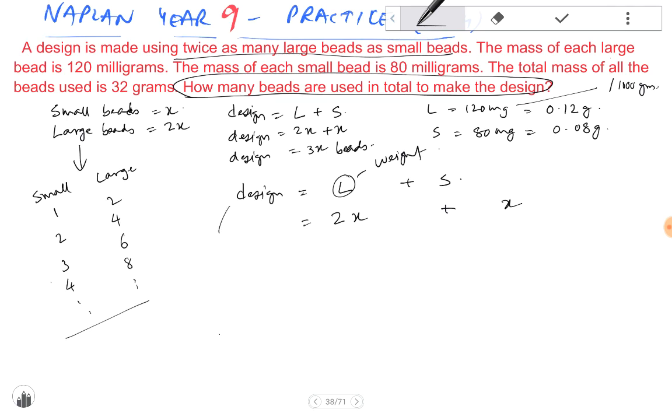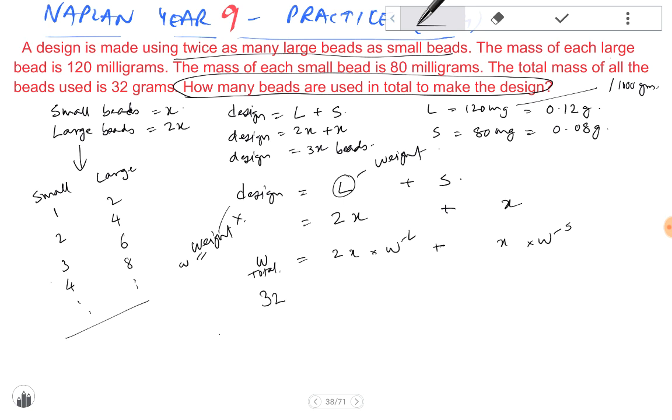So if we incorporate the weight in the equation, we have to multiply the entire equation by weight. So if I say weight equal to W, it becomes W equal to 2X into W plus X into W. Now this W is the weight of the large bead. This W is the weight of the small bead. And this W is the total weight of the whole design.